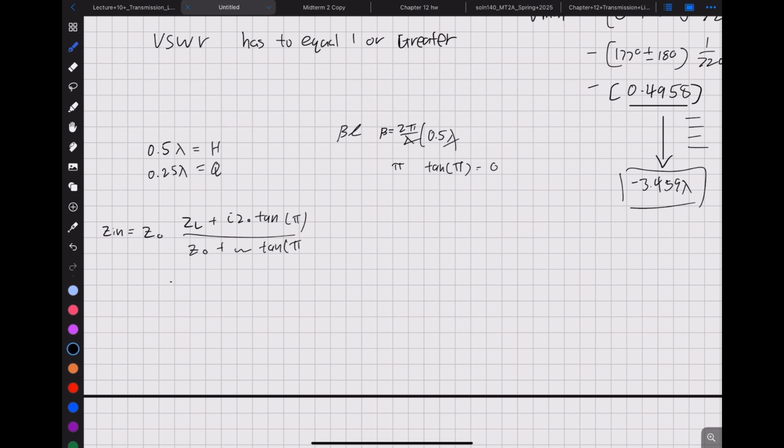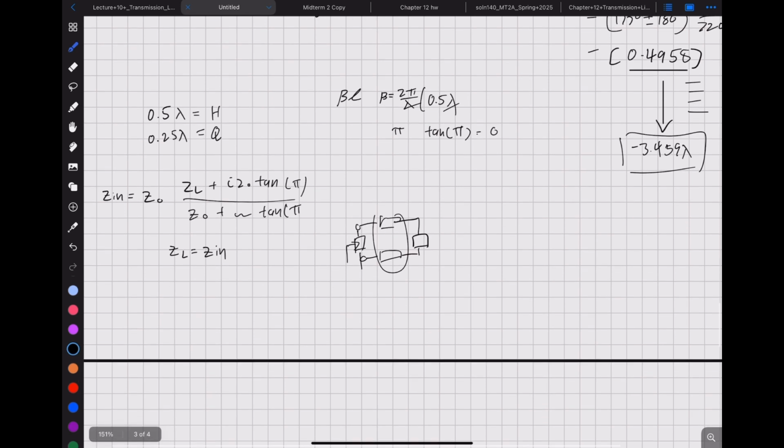And then what we end up having is that ZL equals Zn. So it's telling us that the load is the same as the Zn. So we can just remove this and put this load right there. So the Z load is equal to Zn.